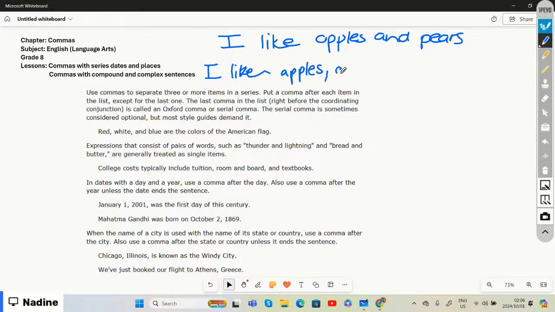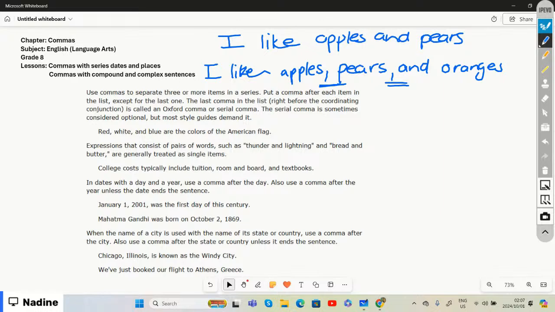But if you're going to say, I like apples, comma, pears, and oranges, now we need to add our commas over there. That is basically to separate a series of things that you like, for example.